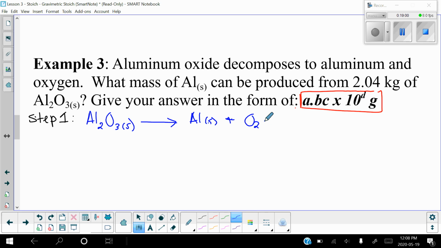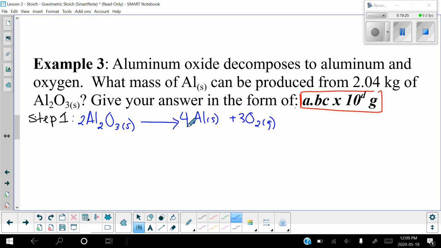Let's clean this up a bit. Okay, let's balance this. So I've got 2, 3, 2, 3, 4.